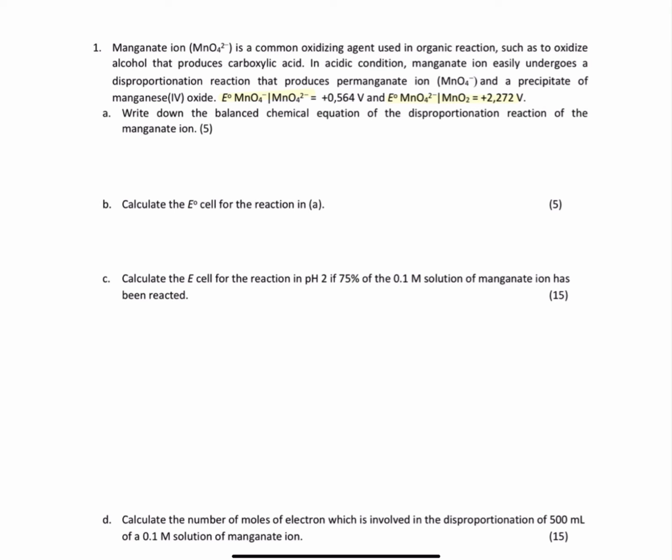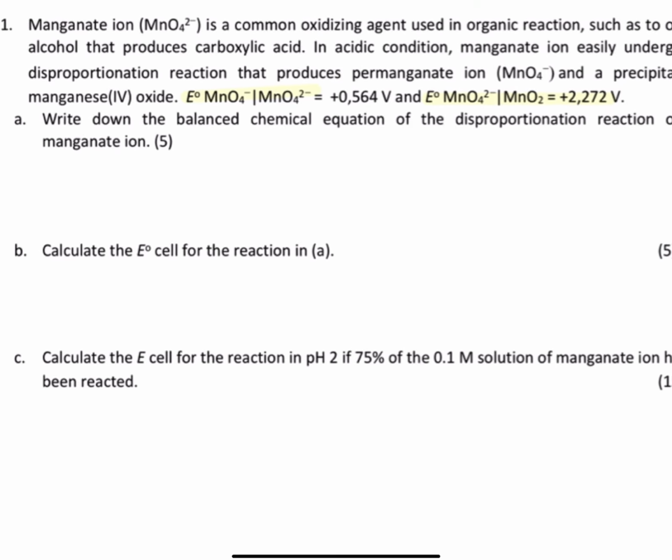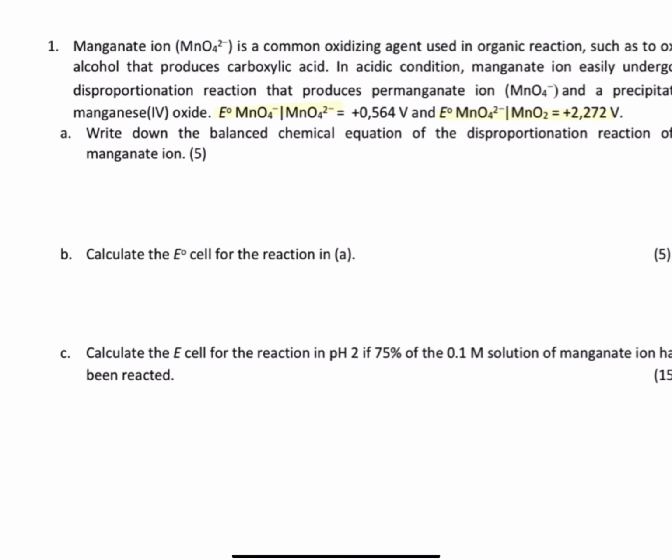So here I'm going to divide the disproportionation reaction into each half reaction, so oxidation and reduction. So I'm going to write here. The first one is, let's say, oxidation, and this oxidation takes place at the anode.